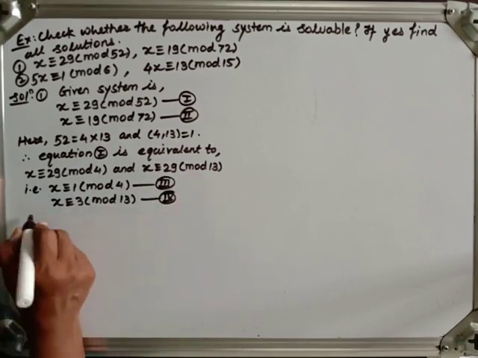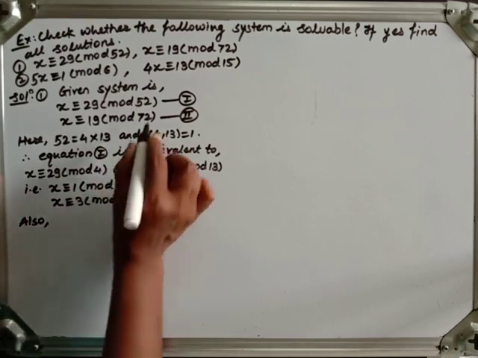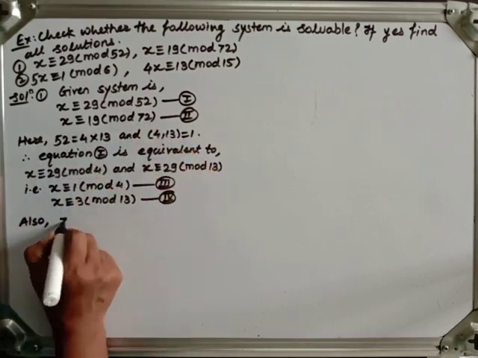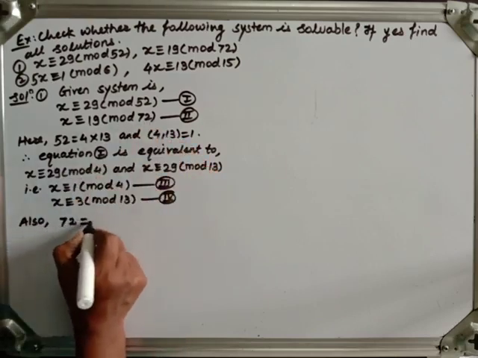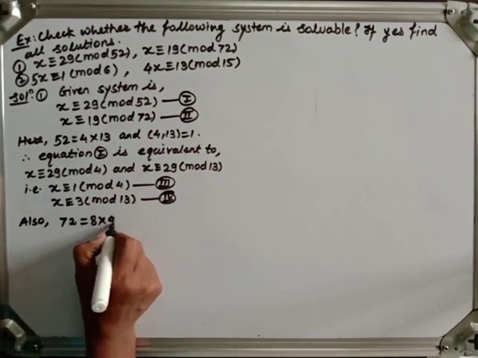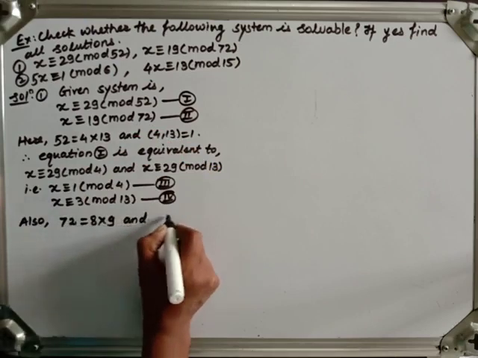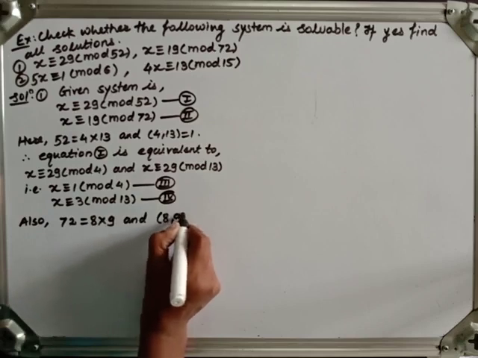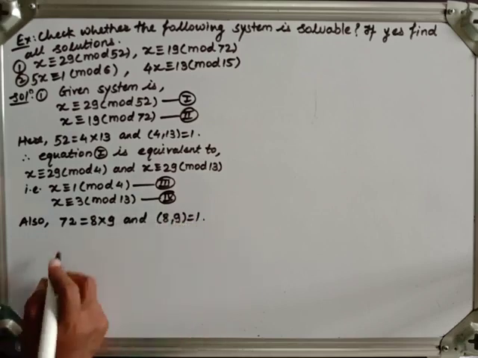Also, 72 can be written as 8 into 9, and 8 and 9 are relatively prime.